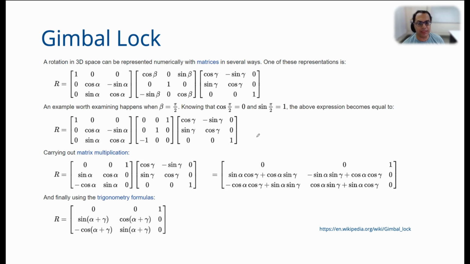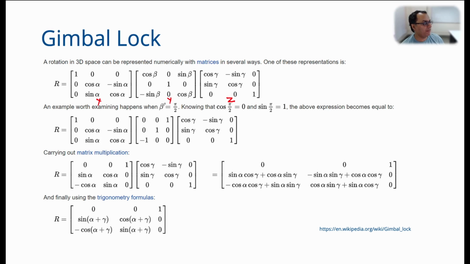Here is an example that shows the same example as earlier, but by performing the math instead of showing it to you diagrammatically. So here is a rotation about the x-axis, y-axis and z-axis, right?